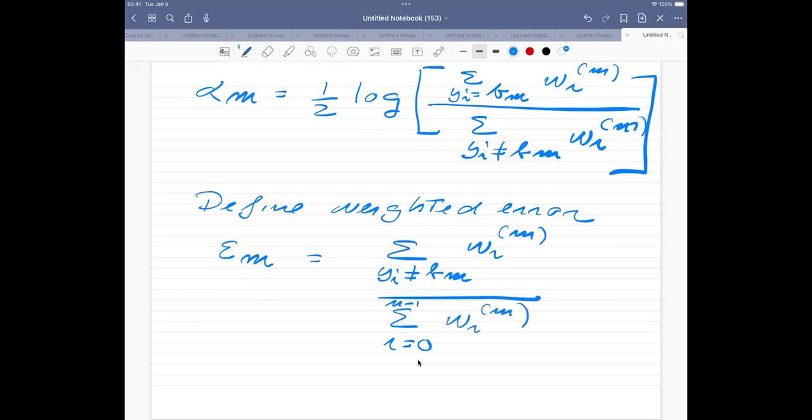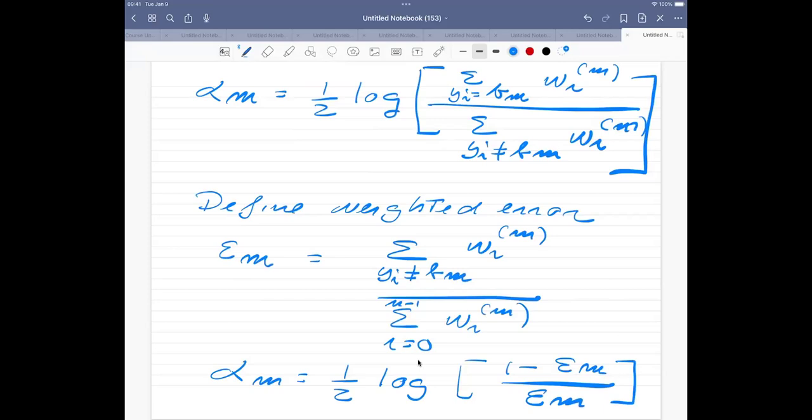And then if I do that, I can just rewrite the function for alpha of m as 1/2 times the log of 1 minus epsilon m divided by epsilon m. So this was the AdaBoost algorithm.